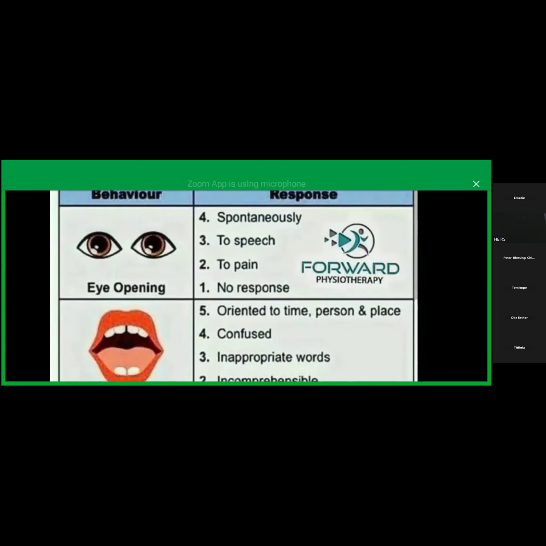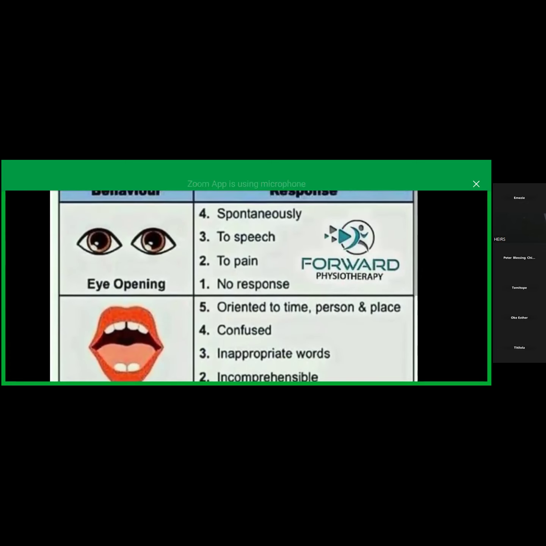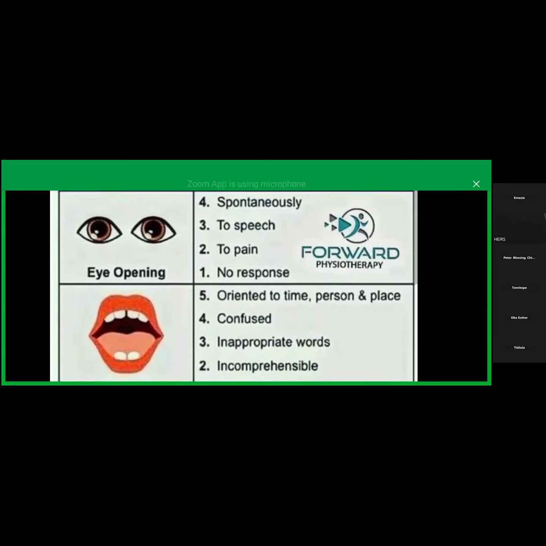But this GCS total of 15 is divided. For eye opening, the maximum score you can get is 4. So it's rated 1, 2, 3, and 4.